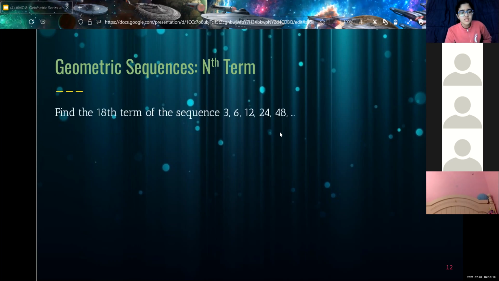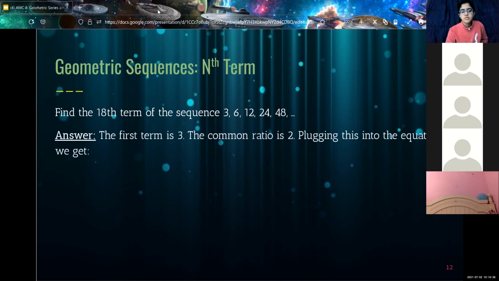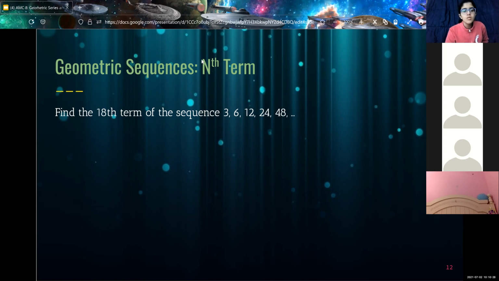Find the 18th term of the sequence 3, 6, 12, 24, 48. So first you need to find the common ratio, right, which is r. So wait, let me just write out the equation.